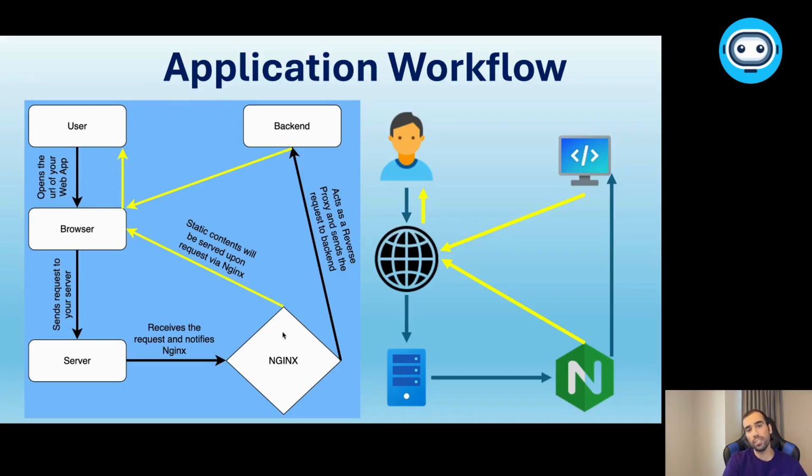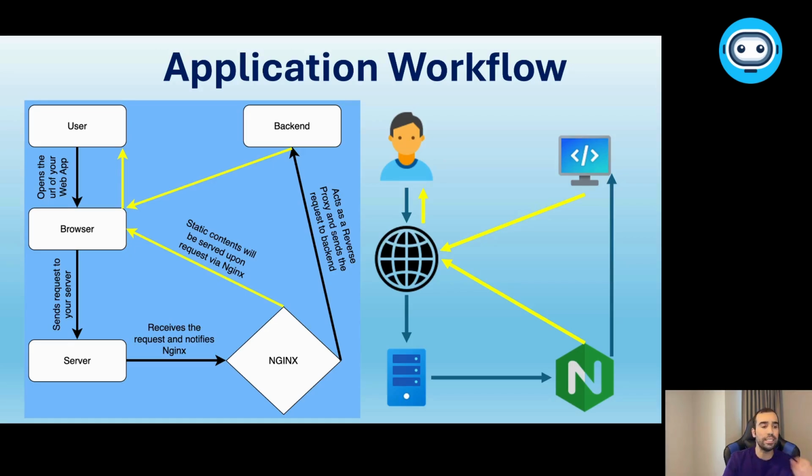But what happens if Nginx understands that this request requires more processing? Like imagine it requires some database querying, or imagine it requires some AI model to process this request.